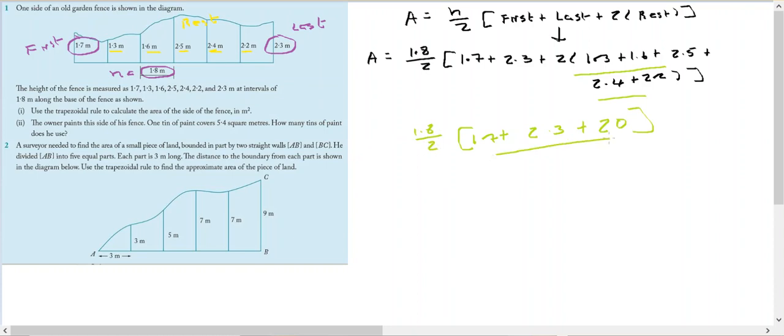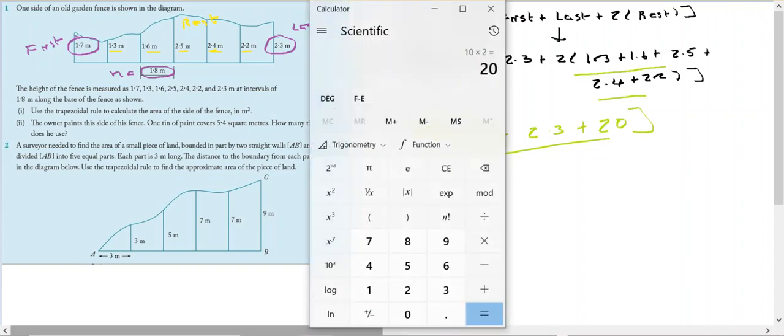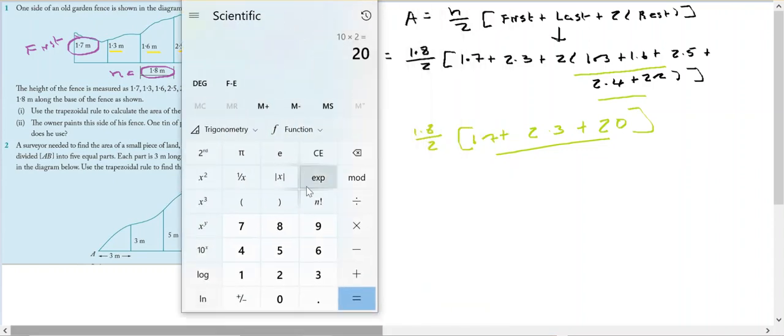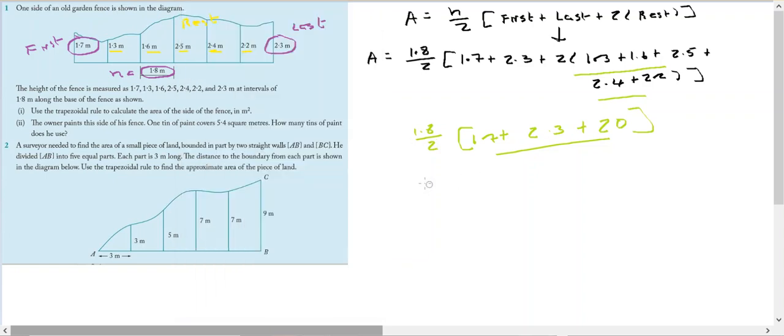If we add these up, 20 plus 2.3 plus 1.7 is equal to 24. That's going to be 1.8 over 2 multiplied by 24.